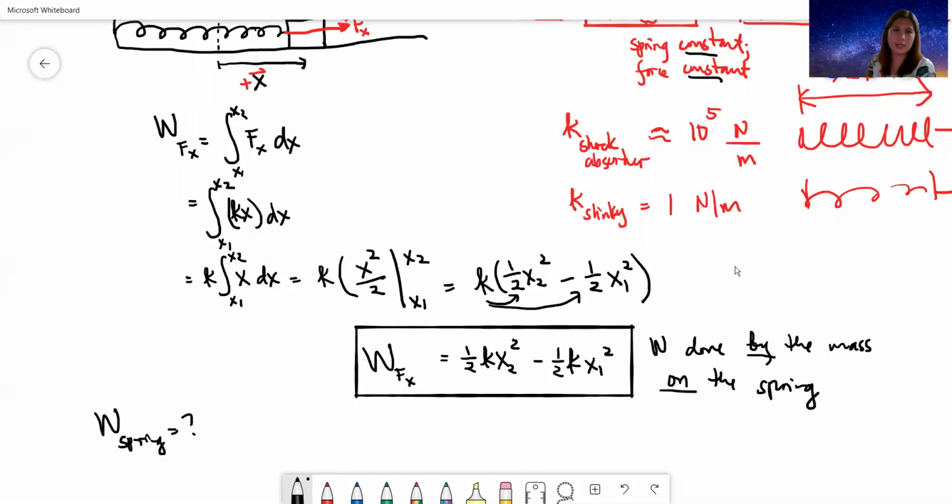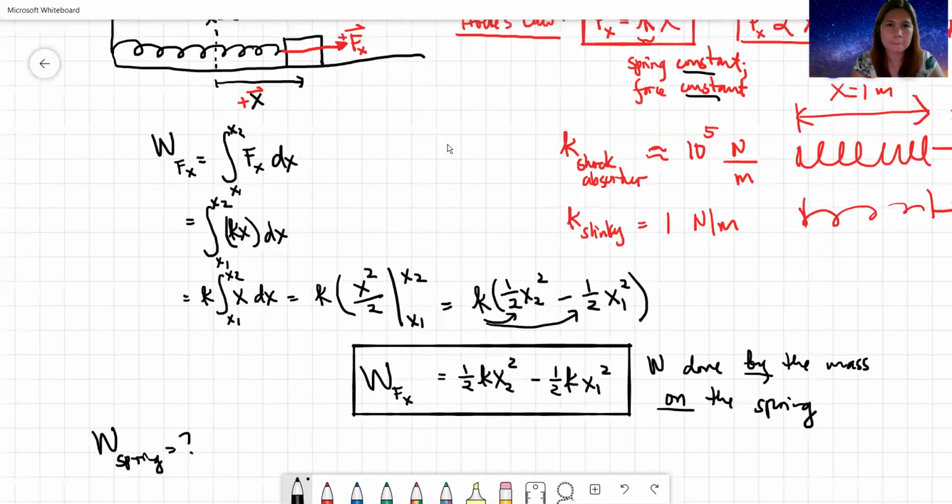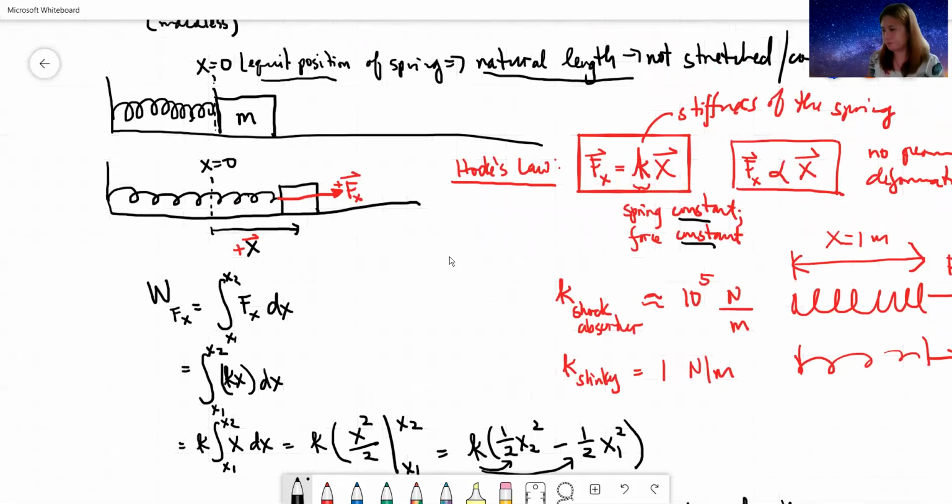Okay. So, back here, it's final minus initial. If Fx here is the force of the mass on the spring, then the spring will react.